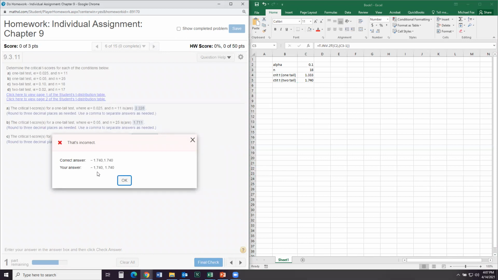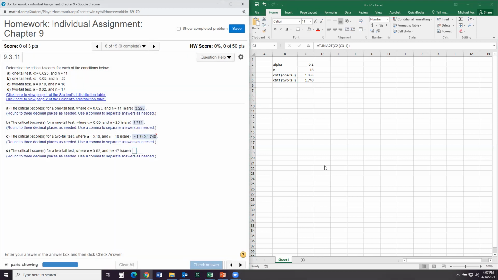So apparently it didn't like the space I put in between them. This is one of those things that's frustrating about Pearson. The answer was negative 1.740 and 1.740. So don't learn from my mistake there, I guess, or mostly just learn that Pearson's dumb.